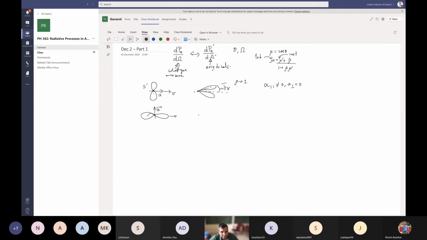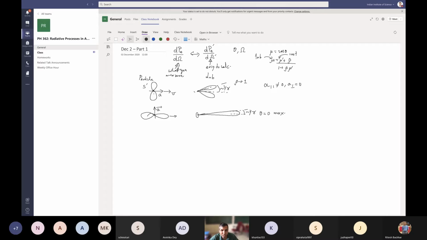In this case, you get a pattern that is totally forward beamed, and there's very little going in the back, and this angle is of order 1 by gamma, right? This is the lab frame, this is the particle frame, except that at theta equal to 0, you get the maximum.